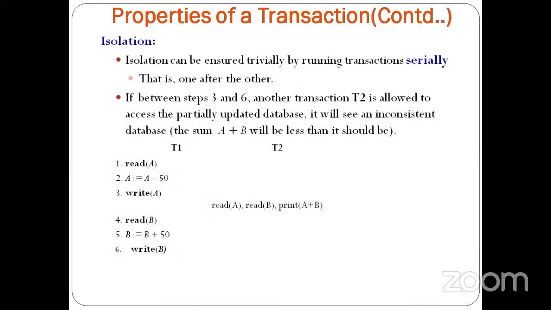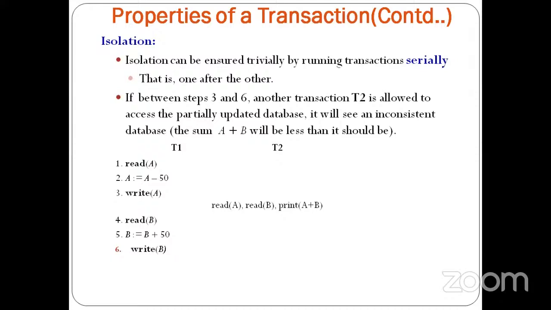Next, isolation. Isolation is nothing but ensuring that transactions run sequentially, that is, one after the other. So here, in between step 3 and step 6, what is step 3? Write A. What is step 6? Write B. Another transaction T2 is allowed to access the partially updated database.